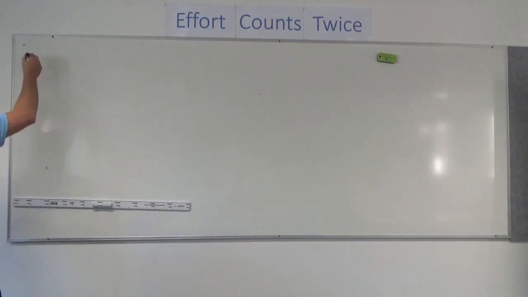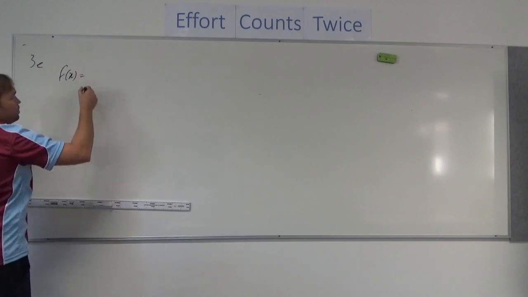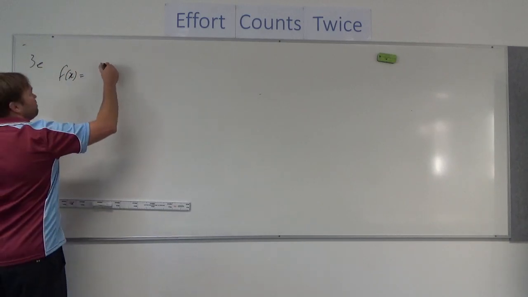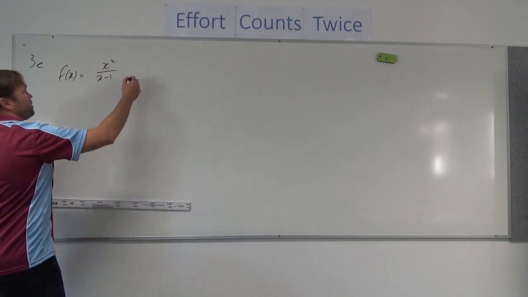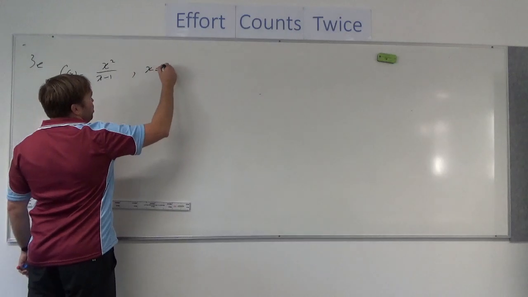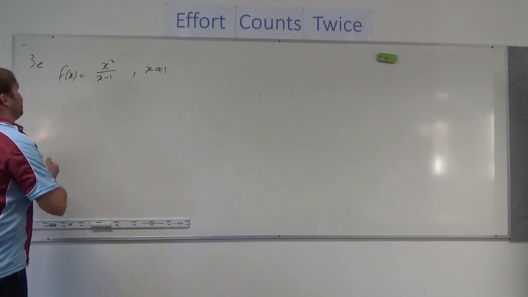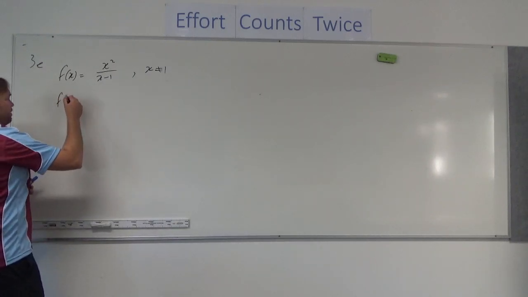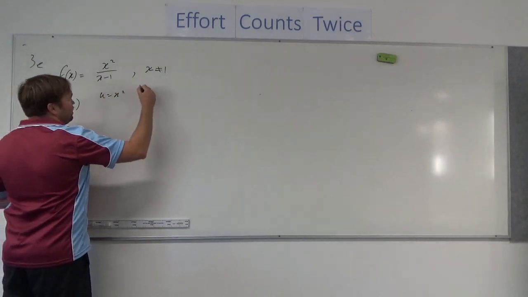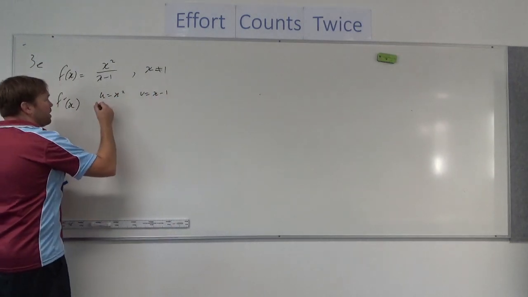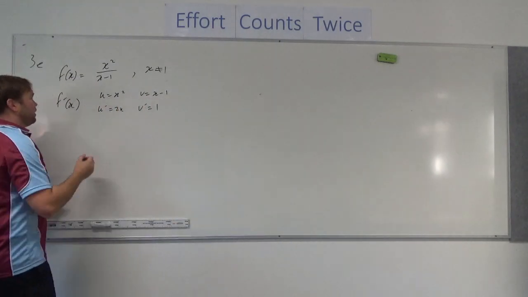Alright, let's do 3e. If we have f of x is equal to x squared over x take 1, we should note to ourselves that immediately this implies that x is not equal to 1. Alright, f dash x. In order to find f dash x, I would let u equal x squared, v equal x take 1, u dash equals 2x, v dash equals 1.